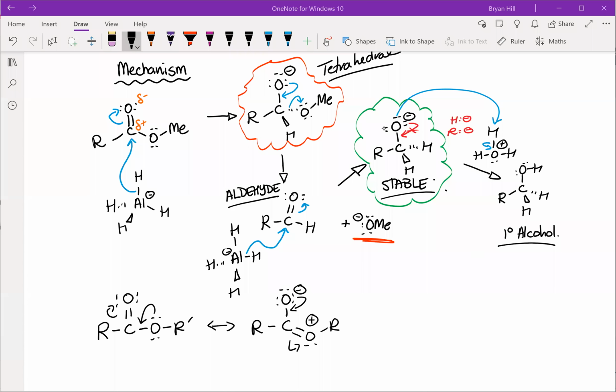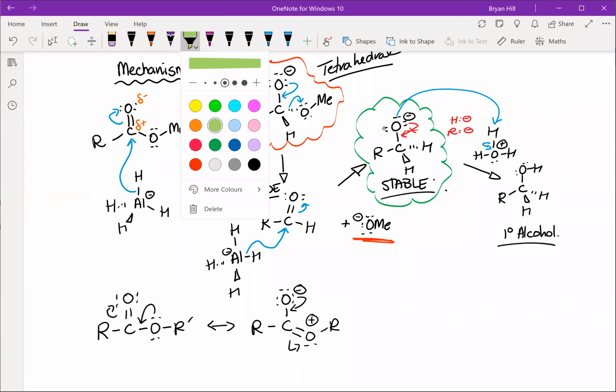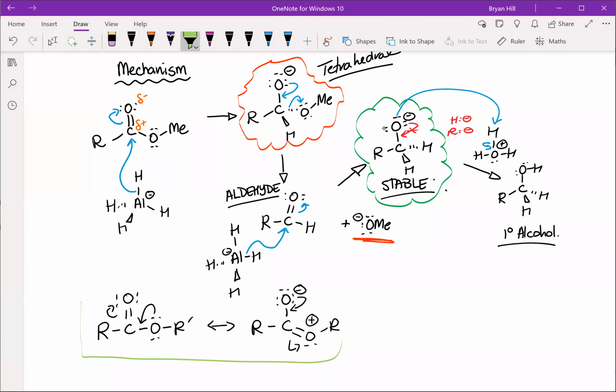Okay, so what I was trying to say is that this resonance structure down here is one of the things which contributes to esters being slightly less reactive than aldehydes or ketones. So you need a stronger reducing agent to get this to work. That's why it's lithium aluminum hydride as opposed to sodium borohydride.